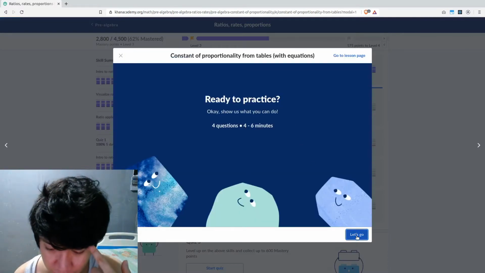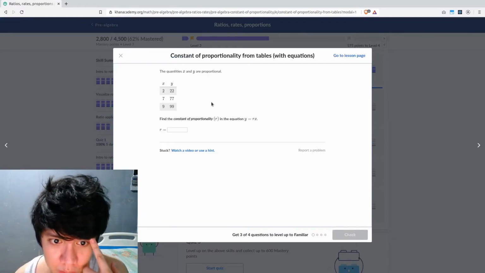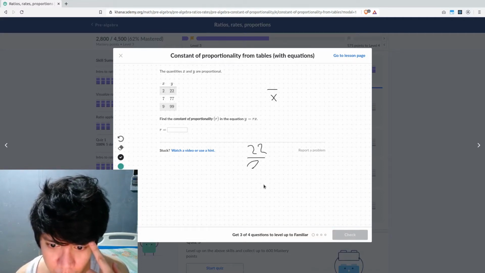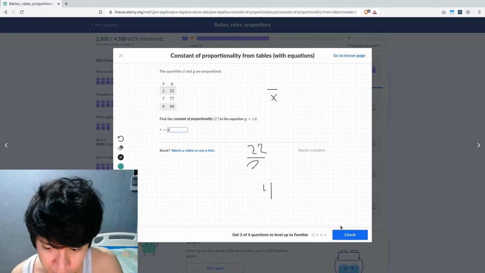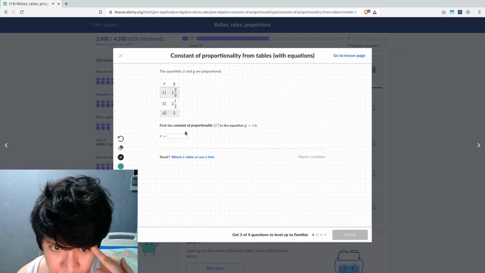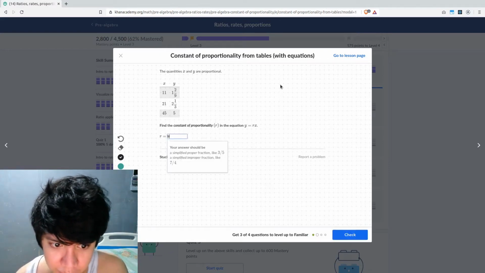From tables with equations. Once we find the ratio. Oh wow, this is hard. Okay. So 2 over 22, say 11. Cool. Okay, I guess that's 9, right?